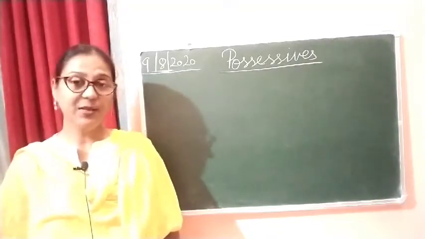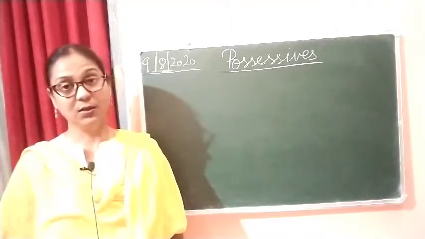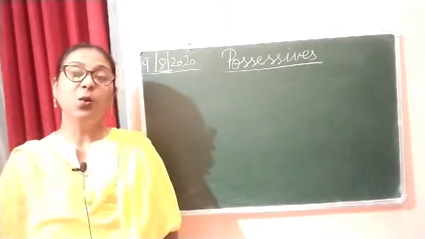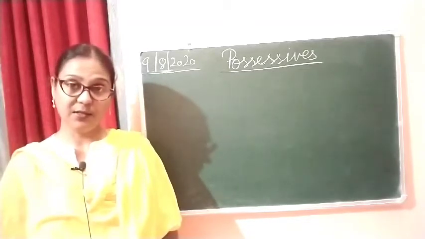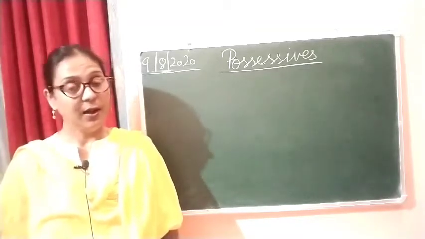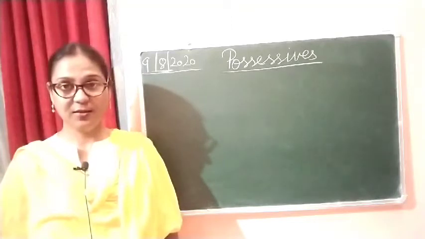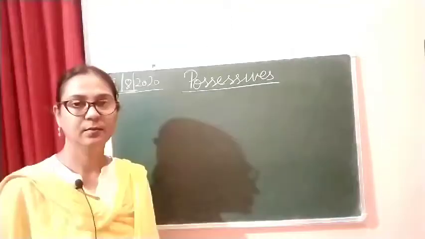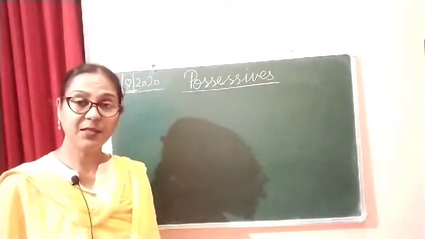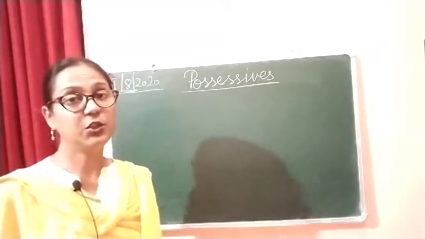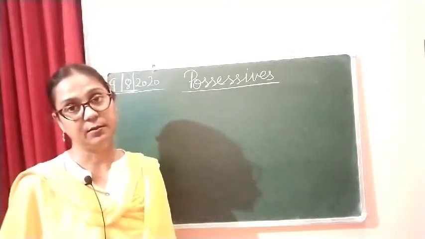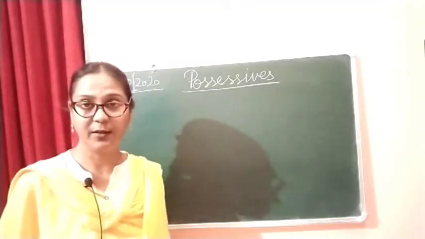As you all know, possessives are those words which show the possession and ownership of a person on anything or any object. So that is called possessives. Possessive adjectives show the possession and ownership of a person on a particular thing.